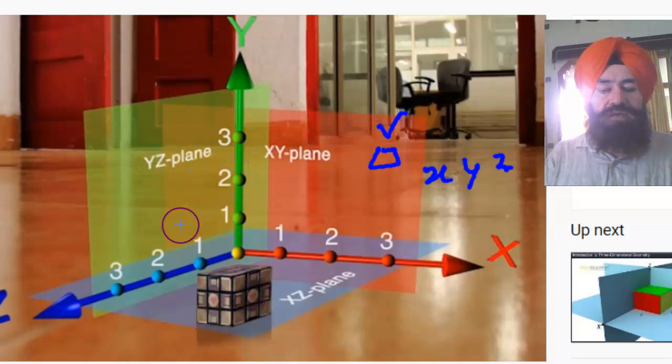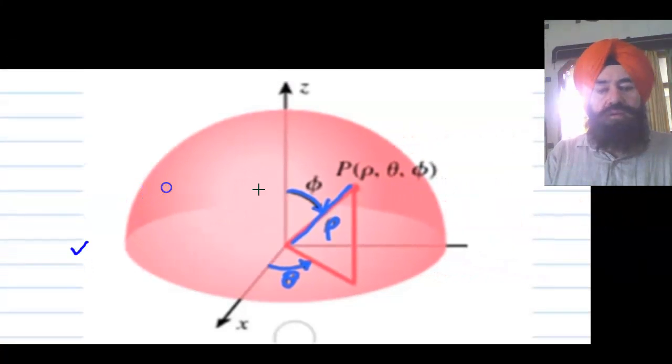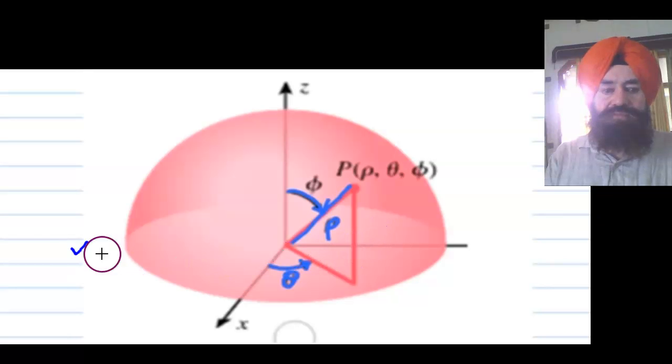This is our rectangular coordinate system, where we take the help of three axes which are mutually perpendicular to each other. Now coming here, this is the spherical coordinate system. In spherical coordinate systems, you know very well that again we have three elements: rho, theta, and phi.